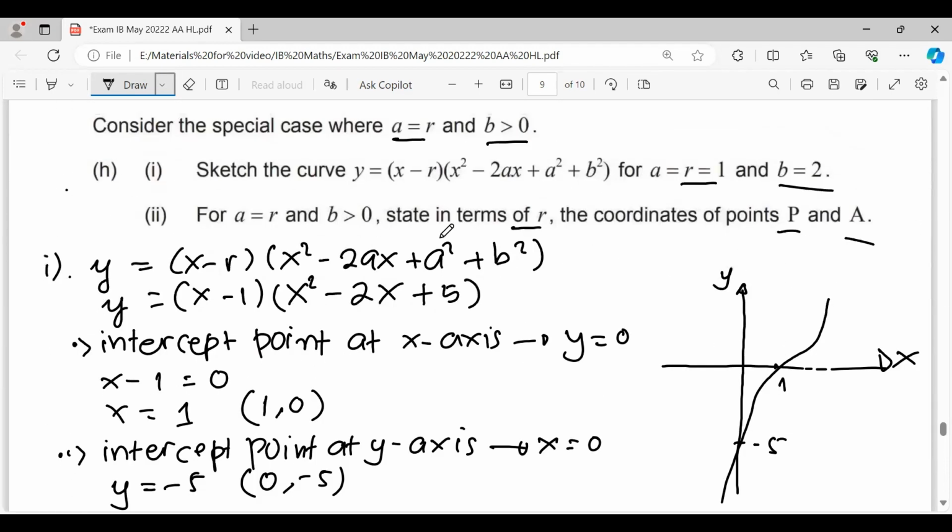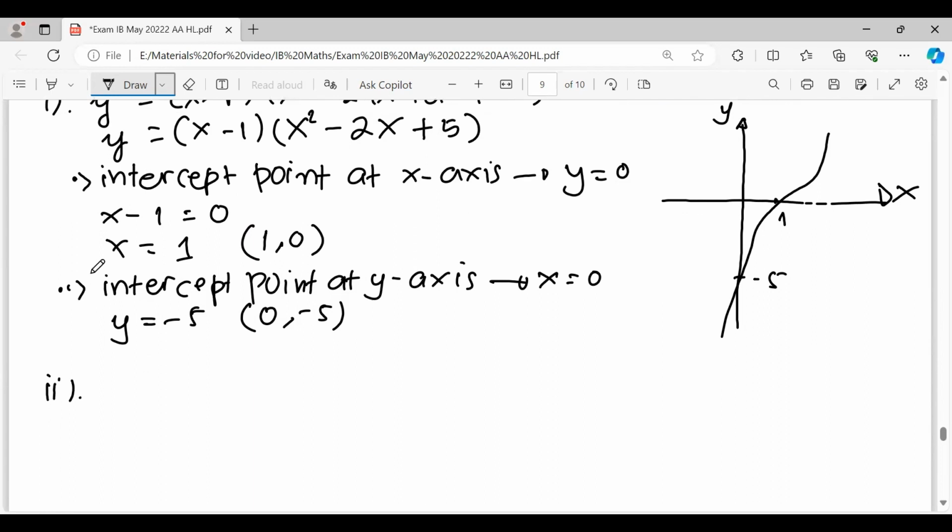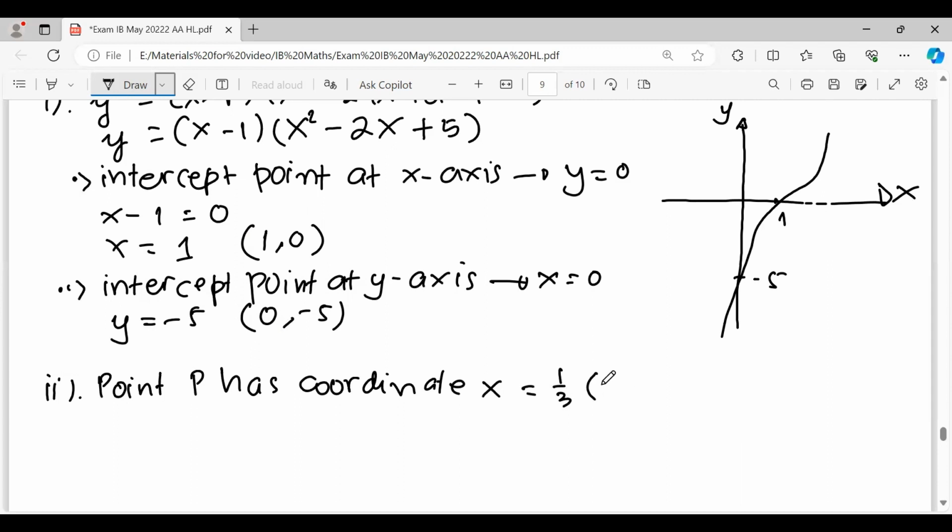Secondly, we are going to find the coordinate points P and A in terms of r. So the coordinate point P has the coordinate x equals 1/3 times (2a plus r).